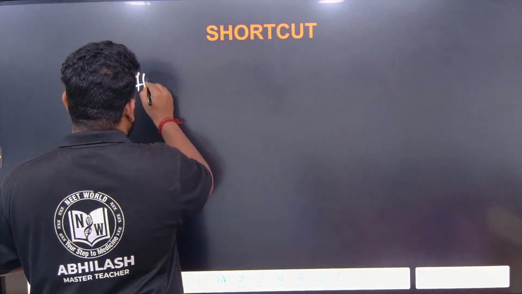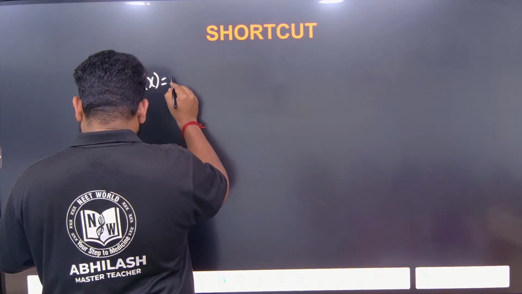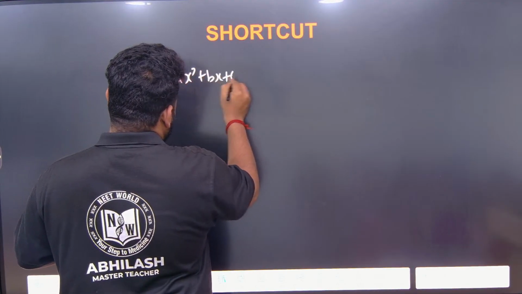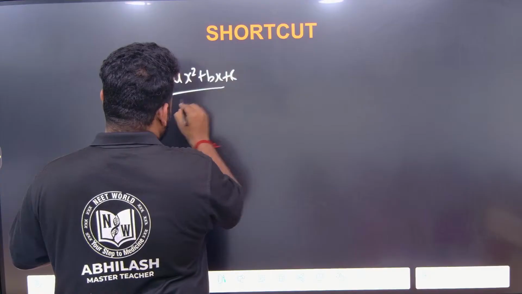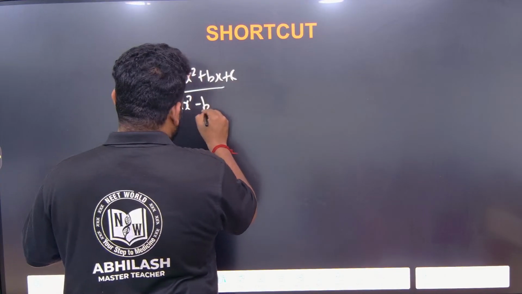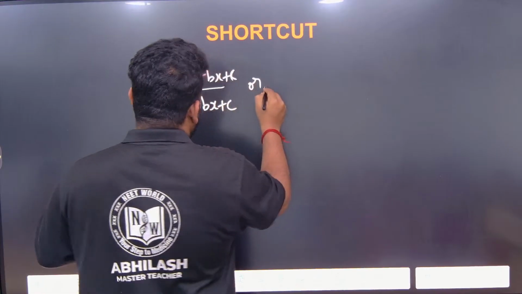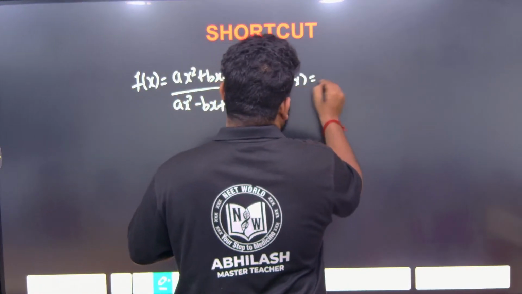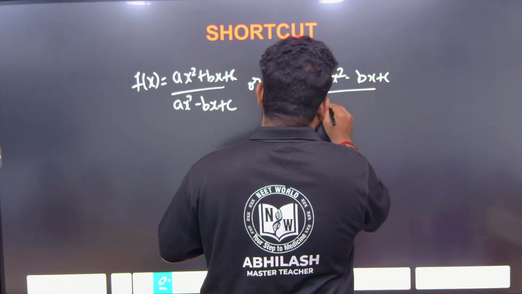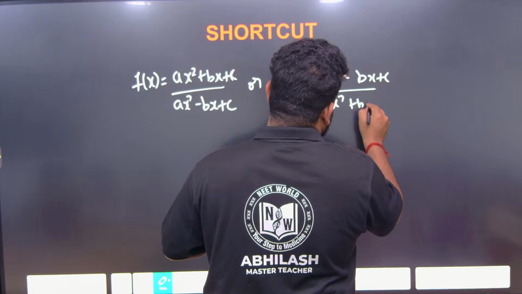f of x is given as ax square plus bx plus c divided by ax square minus bx plus c, or if they give f of x is equal to ax square minus bx plus c by ax square plus bx plus c.